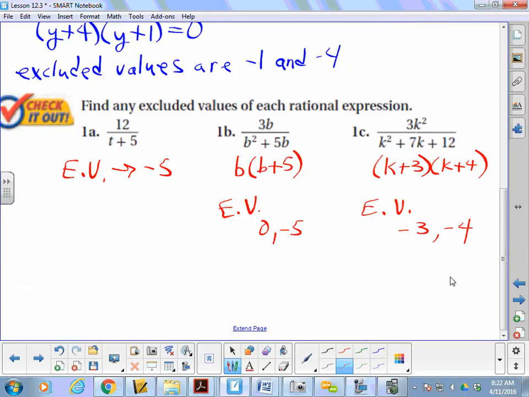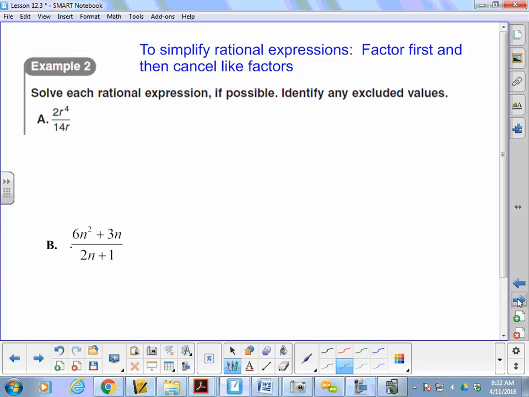So now we're going to actually simplify expressions. And when we simplify the expressions, we're also going to refer to what the excluded values are. We're going to say that the variable cannot equal those numbers.